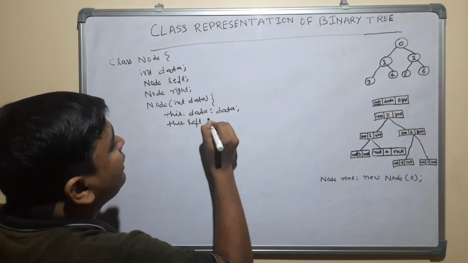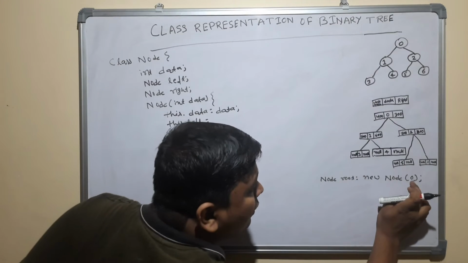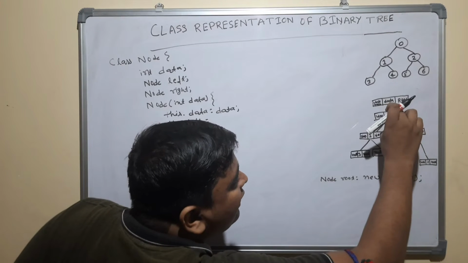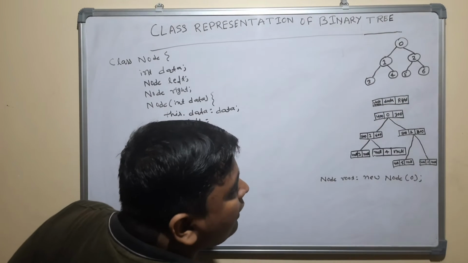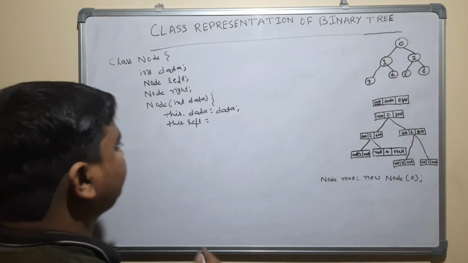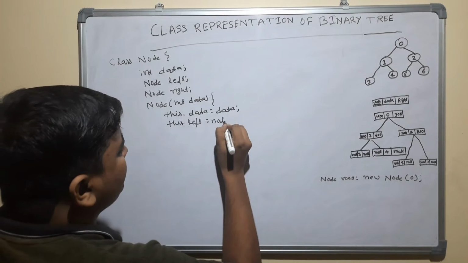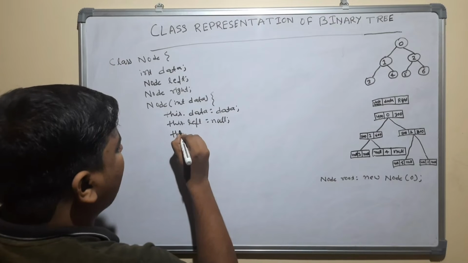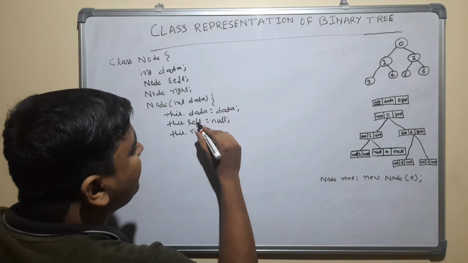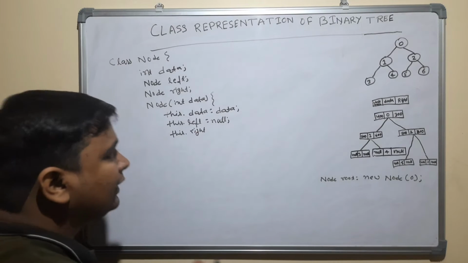When we call the constructor using 0, at that time we insert 0 as data, and the left and right we set to null.